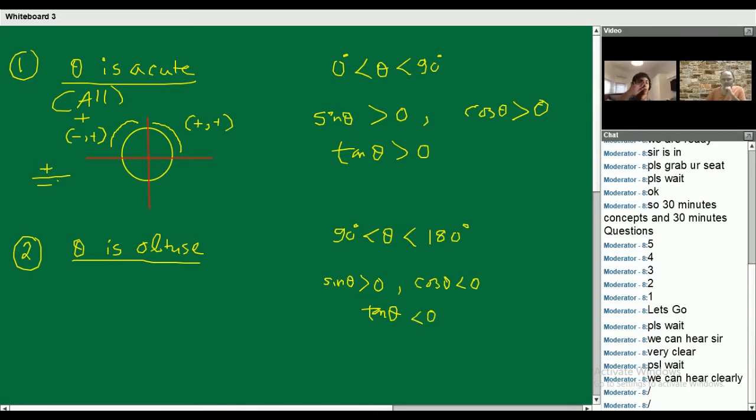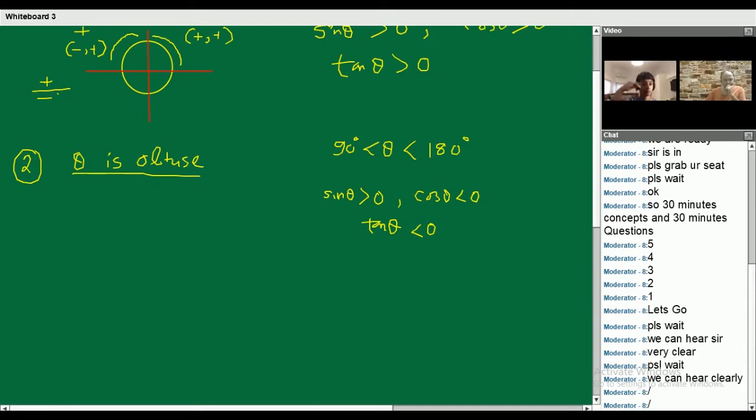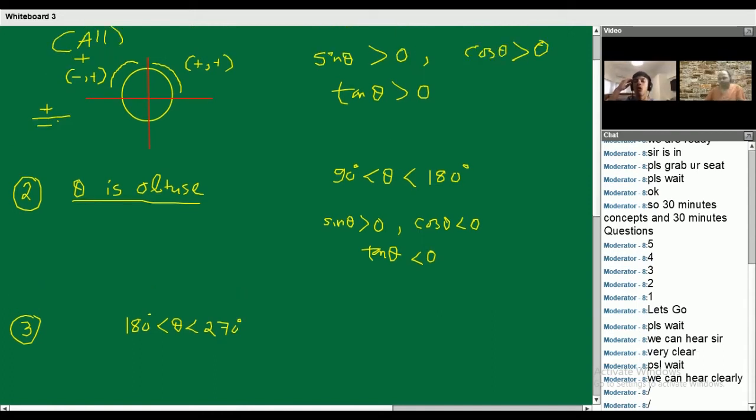Now let's come to the third case, when theta is greater than 180 degrees but less than 270 degrees. That is called a reflex angle. What would be the sign of sin theta?